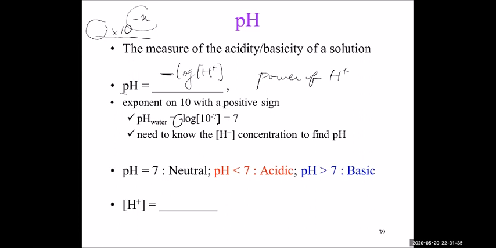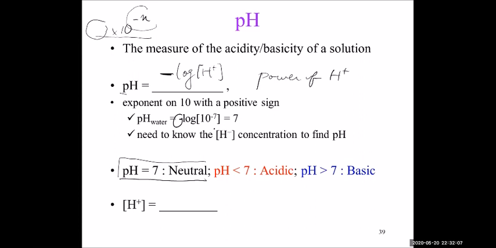Log of 10 to negative 7 gives me negative 7, and then I change the sign in front. I get a positive 7. The pH equals 7. It is the pH of water, which is neutral pH. Extremely pure water will give you 10 to the negative 7, and pH will equal 7.